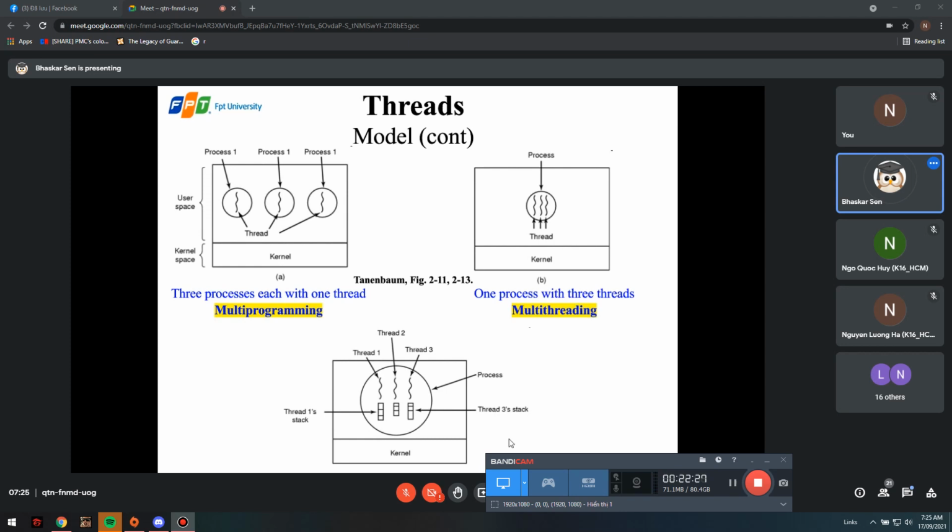Well, we are looking at the model once more, and this is something that we understand. There's nothing new in it.